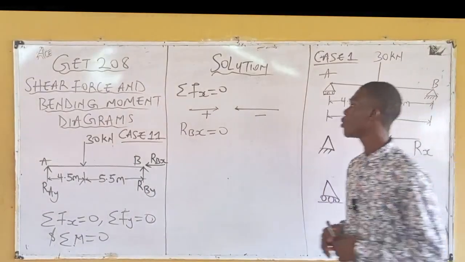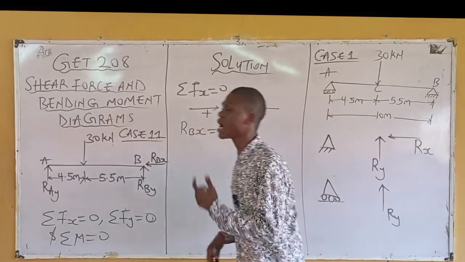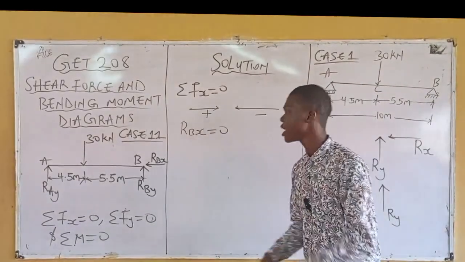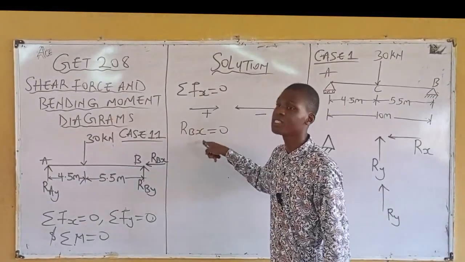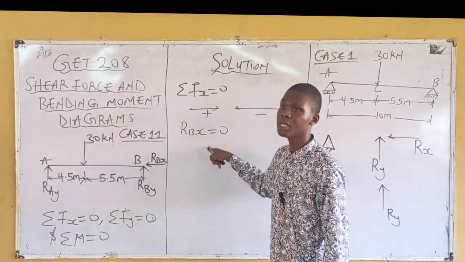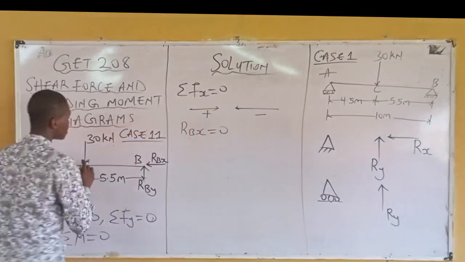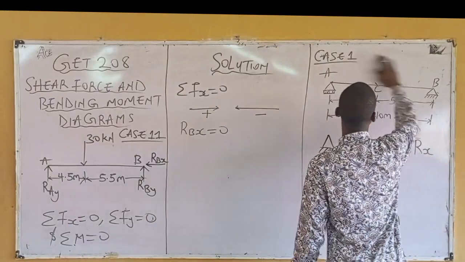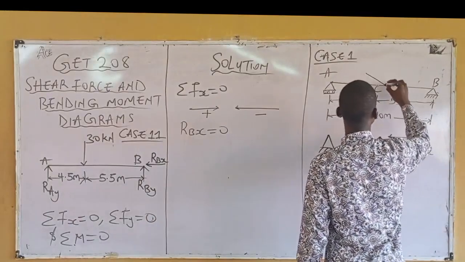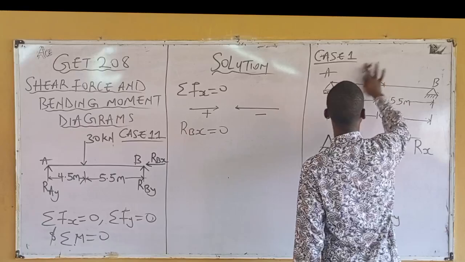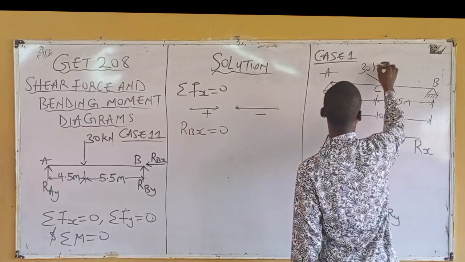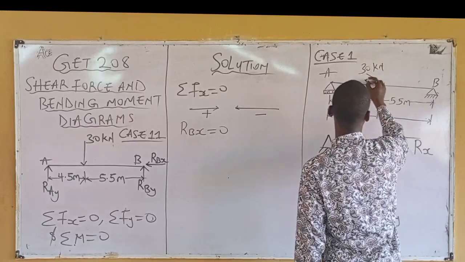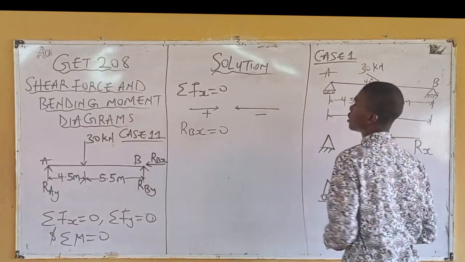But in some cases you have an inclined force, and RBX won't give us 0. We have a value for RBX. Let's say, for instance, this 30 kilonewton is inclined to the horizontal axis at 40 degrees.